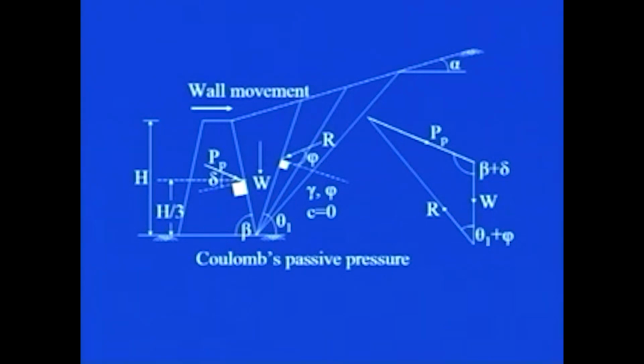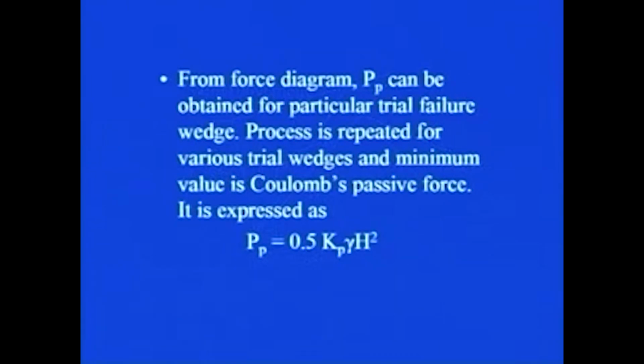Similarly, you can go for different trial wedges. What will happen is that, starting with the earlier one, this passive force will go on reducing, and after a certain stage it will start increasing. So, the minimum value of the passive force that you will obtain in this procedure will be the Coulomb's passive force. So, you see from the force diagram your passive force can be obtained for a particular trial failure wedge.